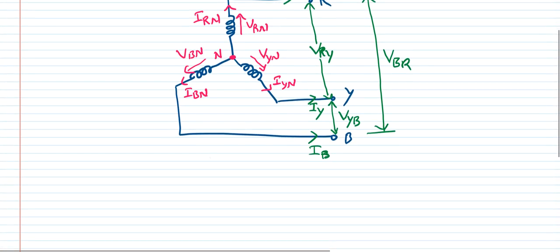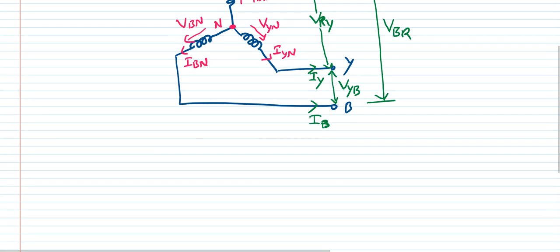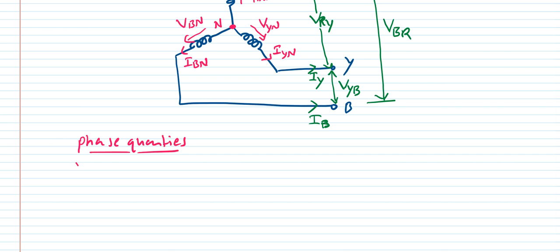What are these variables we need to understand here. What are the phase quantities and what are the line quantities. The phase quantities are VRN, VYN and VBN, the phase voltages. Similarly the phase currents are IRN, IYN and IBN.